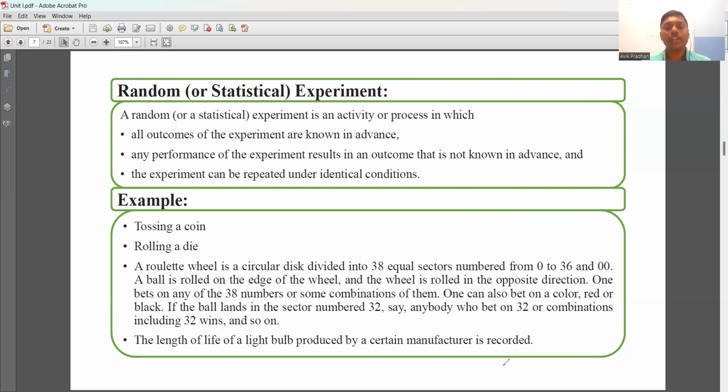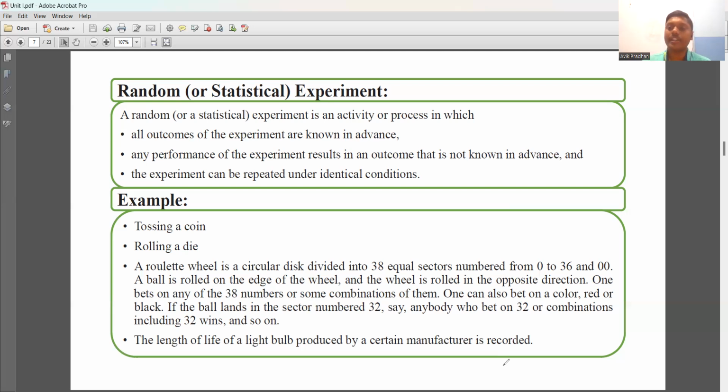For example, if I consider a chemical experiment like mixing of the alkali NaOH and an acid HCl, we will have salt, NaCl, and water, H2O. So we know what the outcome corresponding to that experiment is.